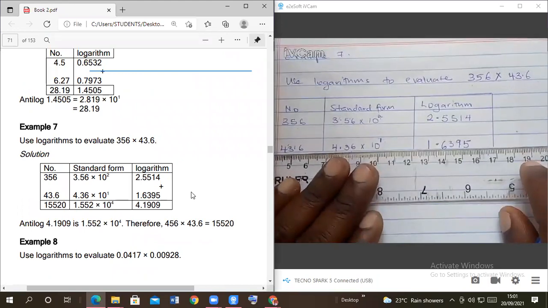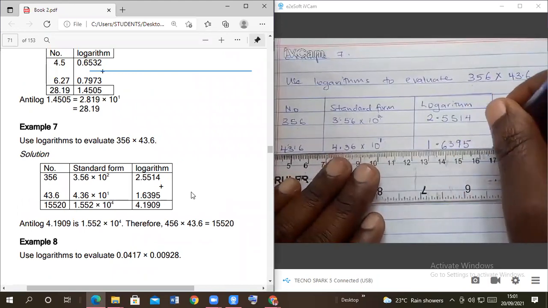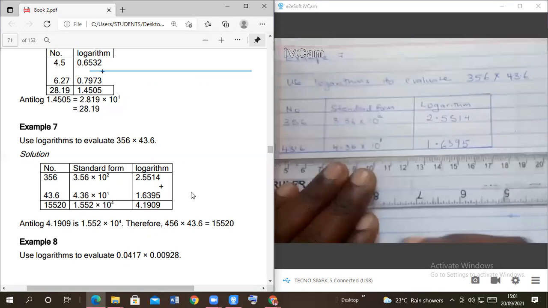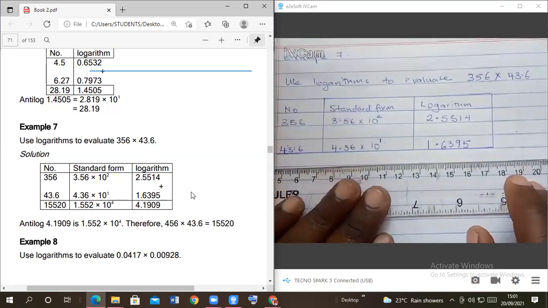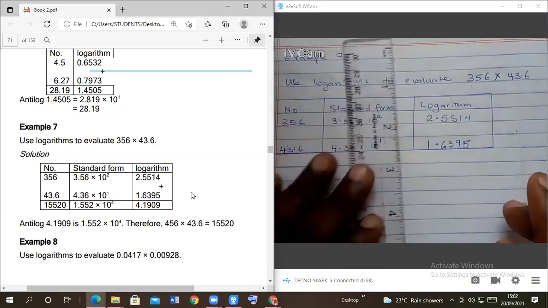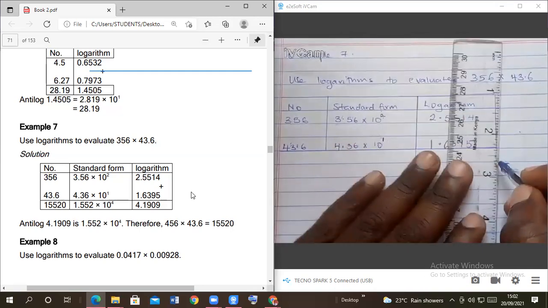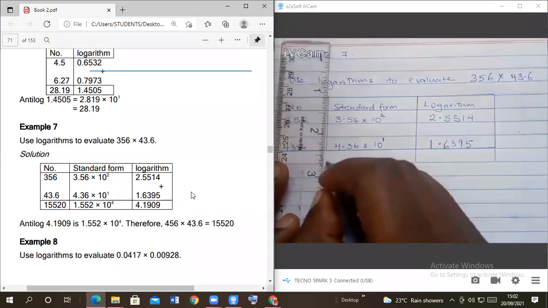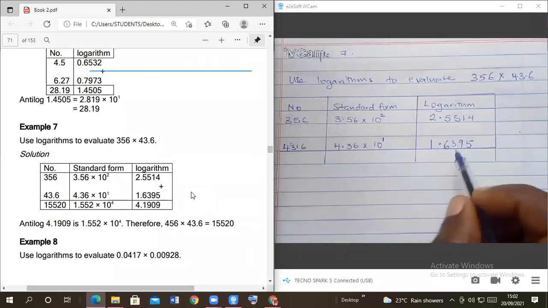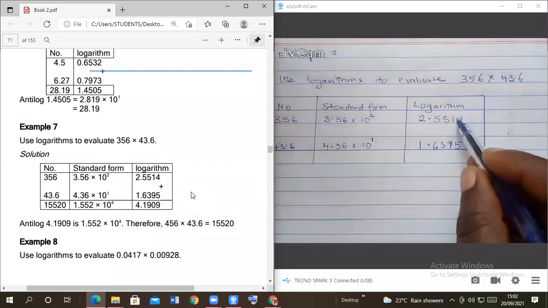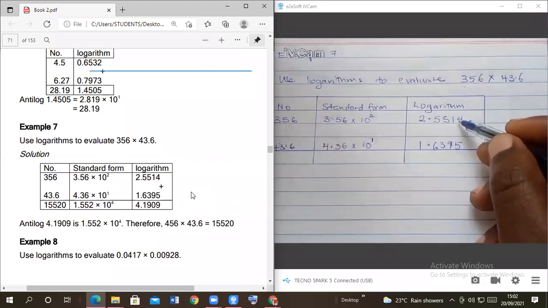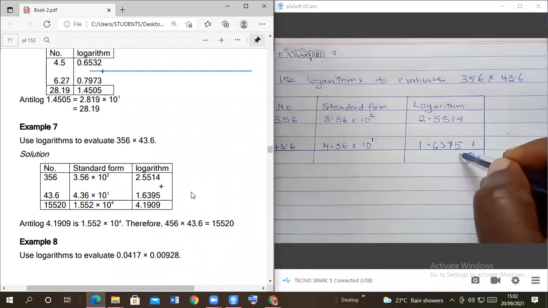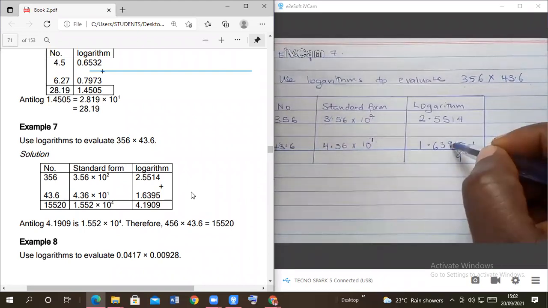Okay. Now, from there, we are going to add. Why are we adding? Because we are looking at multiplication. So here, when we add, let us add this and see. This plus this, we get 9. This plus this is 10.